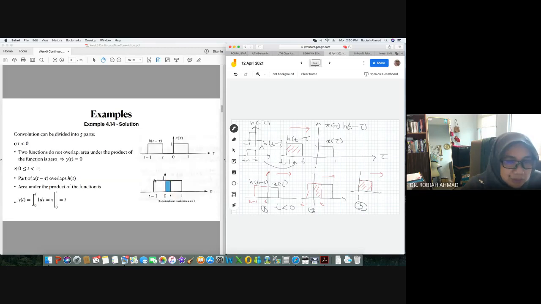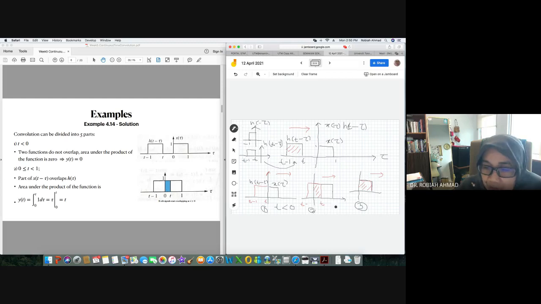So if you look at the notes here, so when T less than 0, two functions do not overlap. Therefore, area under the product of the function is 0. So since there is no overlapping, kalau kita tengok definition, Y adalah X and H. So since there is no overlapping, the value is 0. Okay, dia tak overlap.